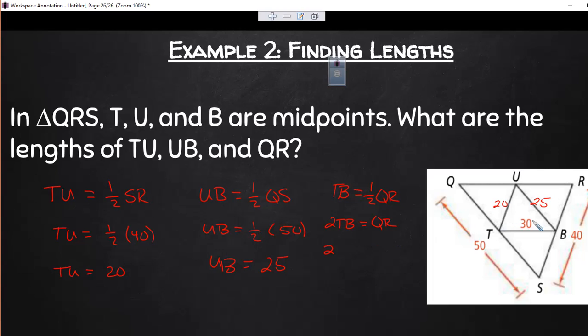So 2 times TB, well, TB is 30, and that's equal to QR. So 2 times 30 is 60, so 60 is equal to QR. So we write up here, this one here is 60 going from here to here. So these are our 3 answers.